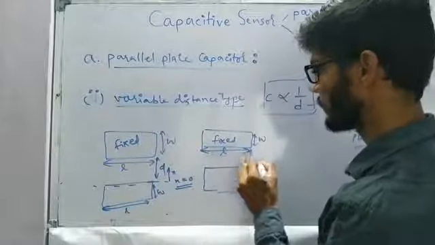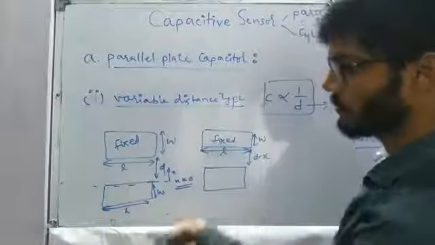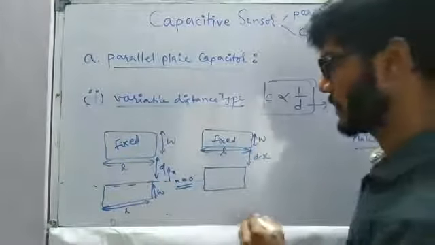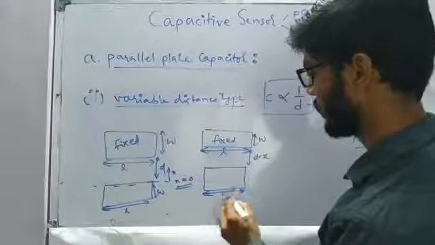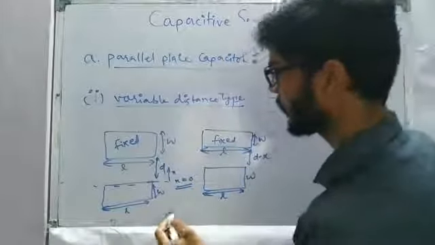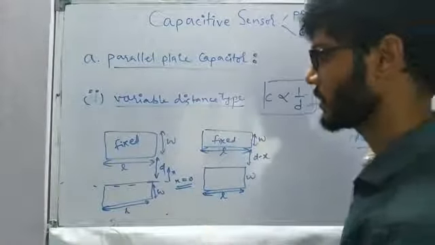So the distance is going to become d minus x because it has moved x upward, so the distance is going to decrease from d to d minus x. So the length is L and the width is W. So again, in the case of relative permittivity and the area is constant, we are varying the distance now.